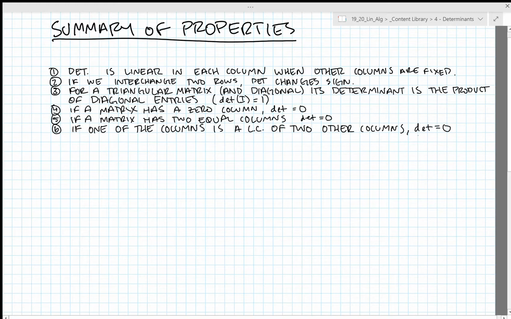And this is sort of where our invertibility came in, because if one of the columns in a matrix is a linear combination of two other columns, the matrix isn't invertible, and the determinant is 0. There was a pretty neat argument that we made there. The other one is that the determinant equals 0 if and only if the matrix is not invertible.